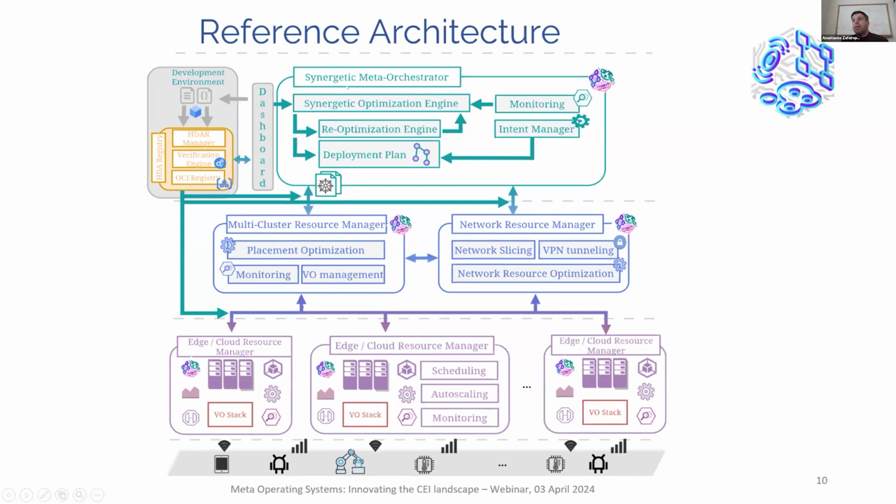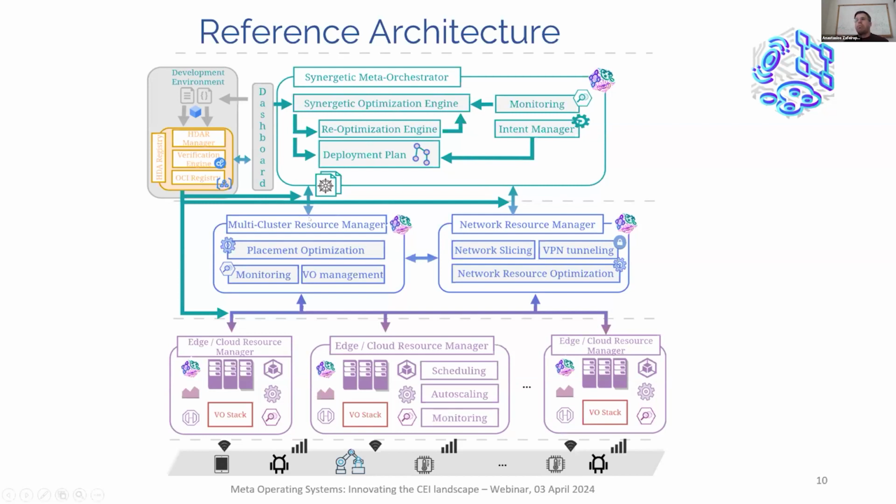And on the synergetic meta-orchestrator part, we follow what we call the system of systems approach, where we have a high-level entity as a synergetic optimization engine managing the life cycle of the deployment of an application graph.